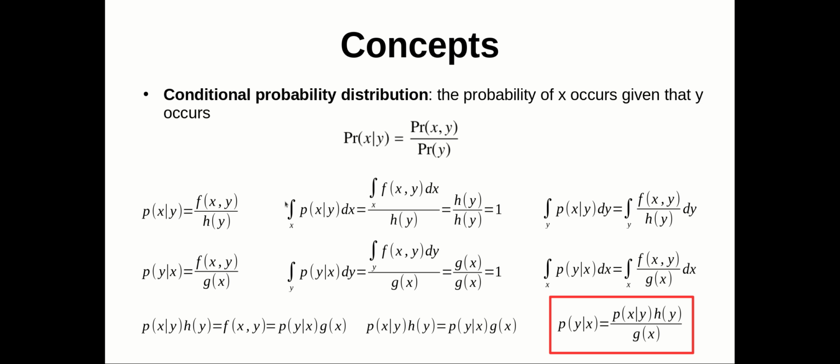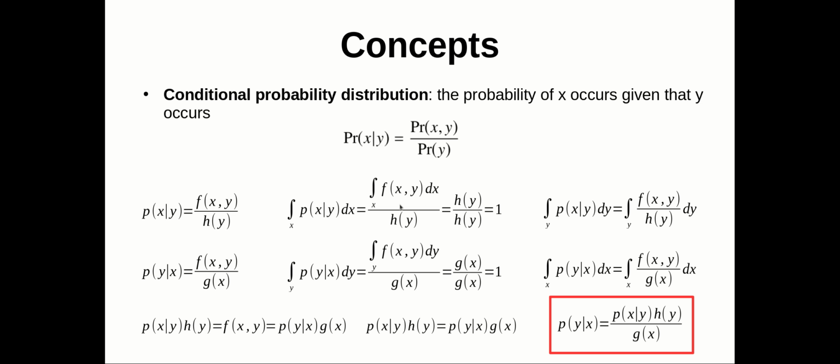And then if you do an integral over x on this conditional probability of x conditional on y, then what's going to happen? The denominator is hy. It doesn't depend upon x at all, right? But you are doing an integral over x, so this integral can be carried over to the numerator, right? So it becomes the integral of fxy dx over x.